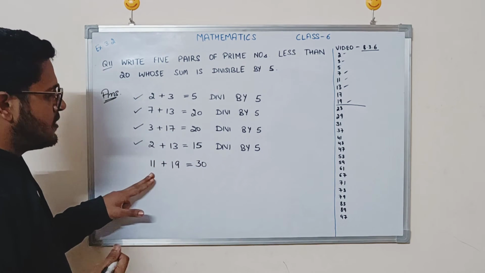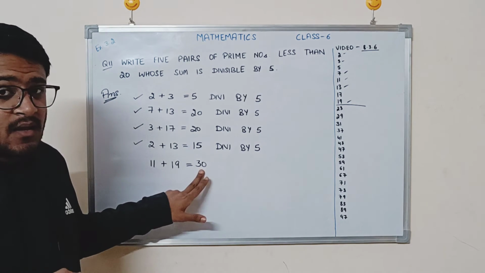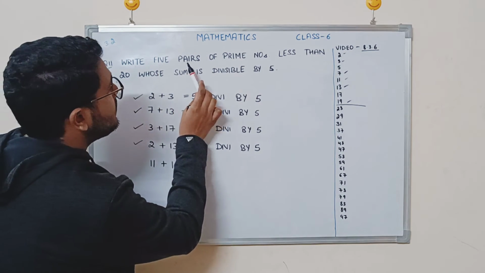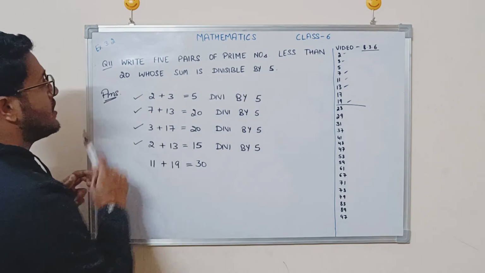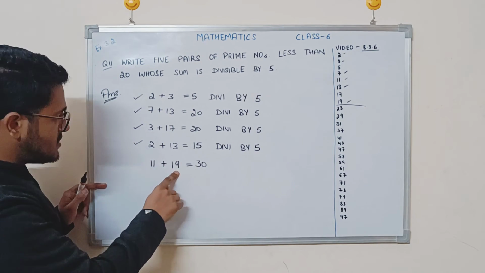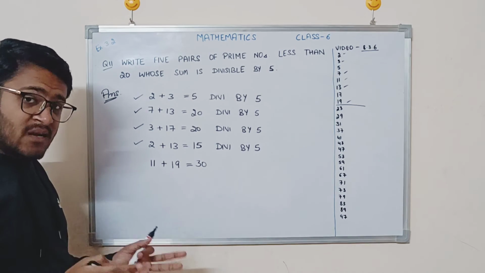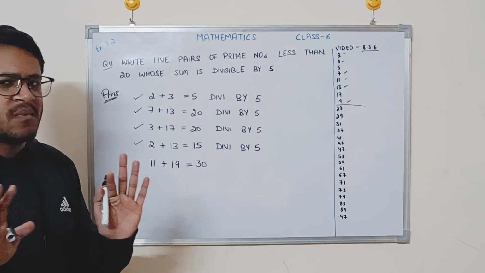30, right? Now you may ask, we need numbers less than 20, but it's 30. But read carefully. We need pairs of prime numbers which are less than 20. In the pair 11 and 19, both numbers are less than 20. They are not saying that the sum must be less than 20. The sum can be any number.